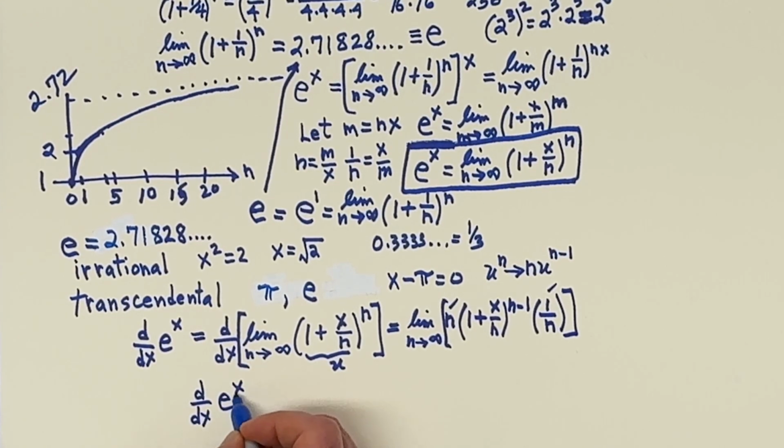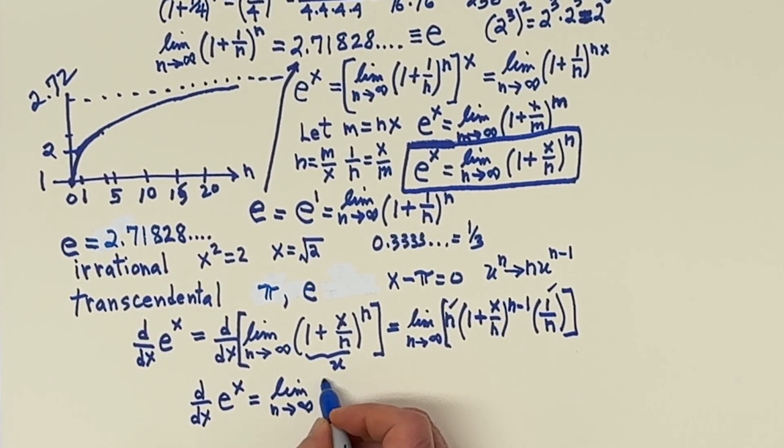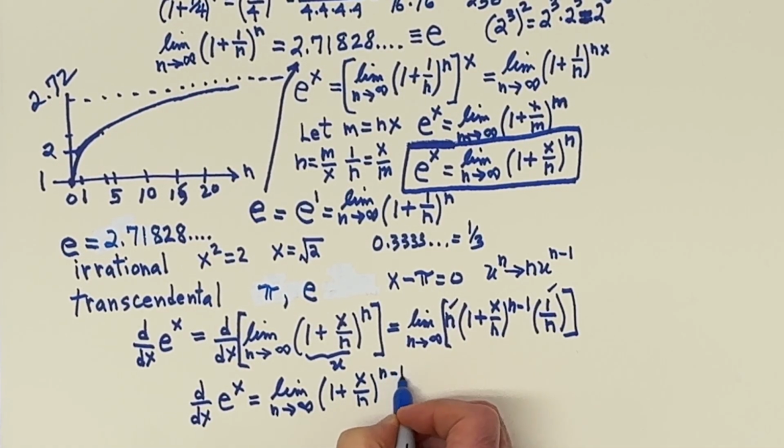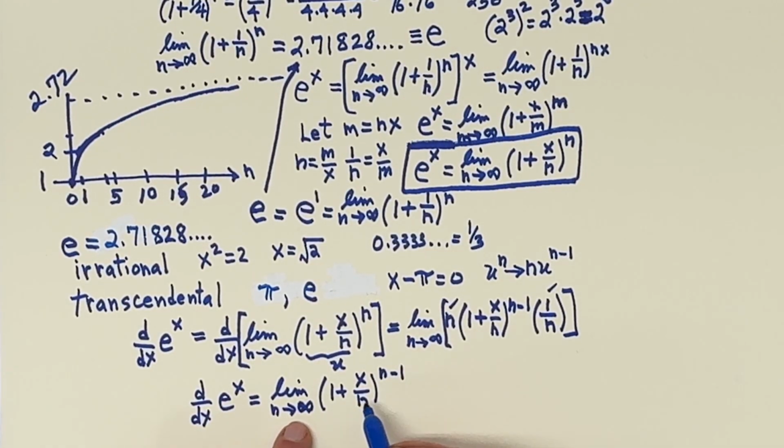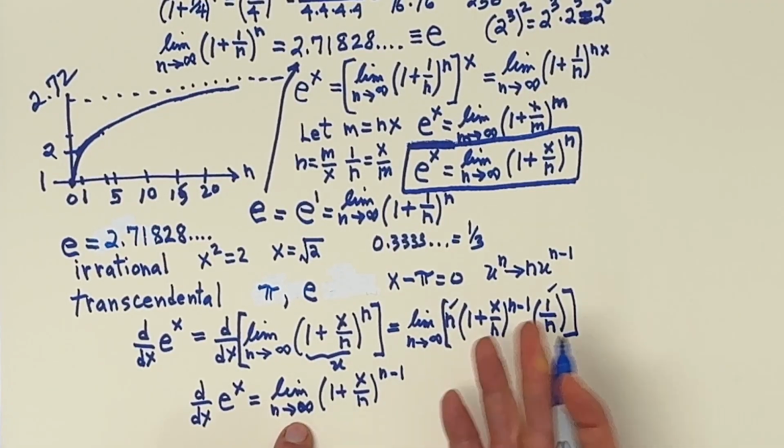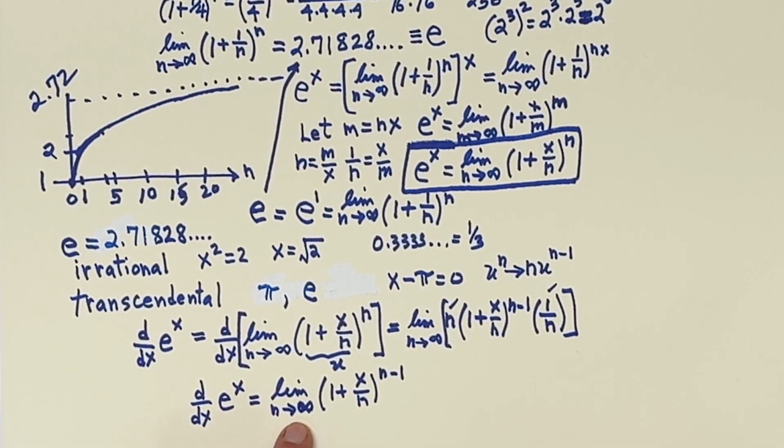So for the derivative of e to the x, I'll have the limit as n goes to infinity of (1 plus x over n) to the n minus 1. But now, when n goes to infinity, n minus 1 goes to infinity. All right?